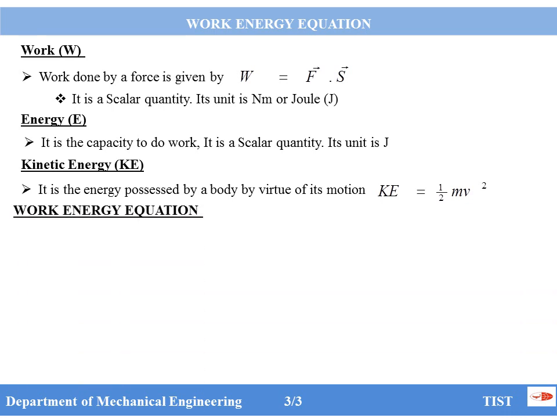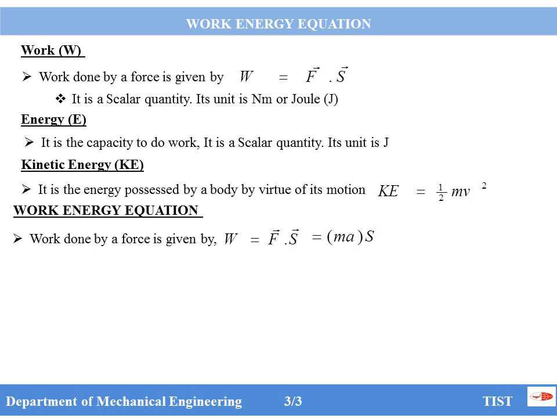Now the next thing is the work energy equation. What is the relation between work and energy? We'll start from the definition of work done, which is W is equal to F dot S. Now F you can replace with MA, then this equation becomes MAS. I am neglecting the dot and vector representation, taking force and displacement in the same direction, with no angle between them; theta is 0.